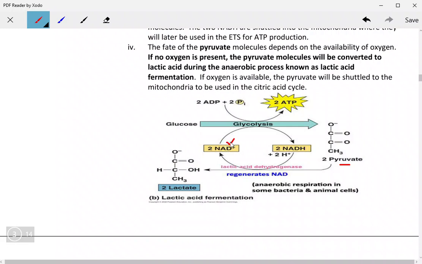Remember, from glycolysis we ended up with the reduced form of our coenzyme, NADH. So this NADH can now be recycled and oxidized to produce the NAD plus again. The NAD plus is required for the glycolysis process to carry hydrogen electrons. So we have to regenerate it. Are you following? So this is usually what occurs here.